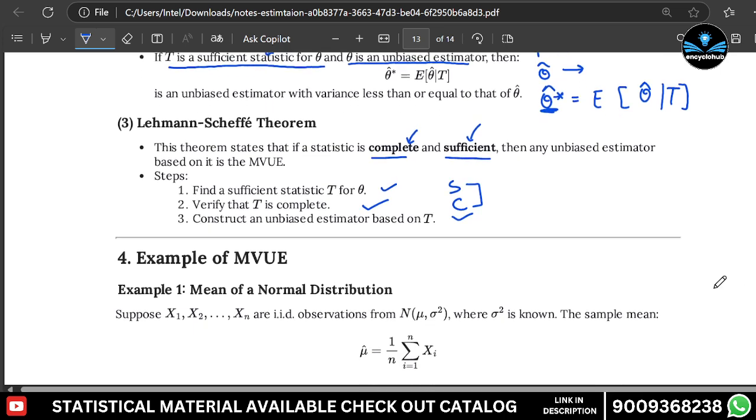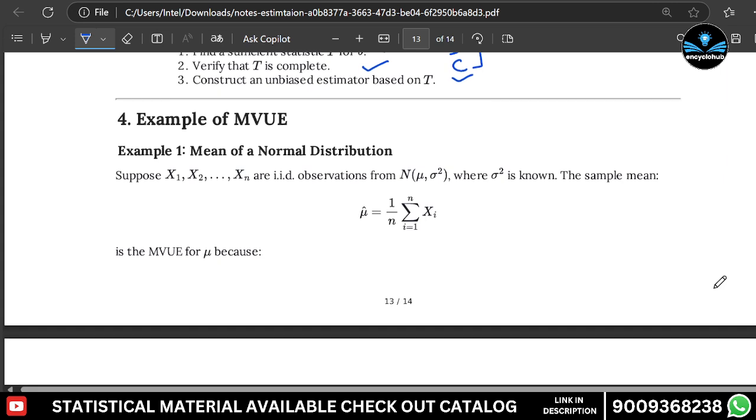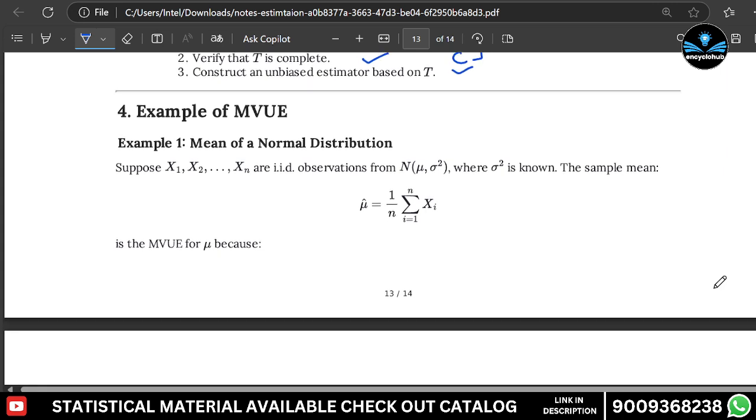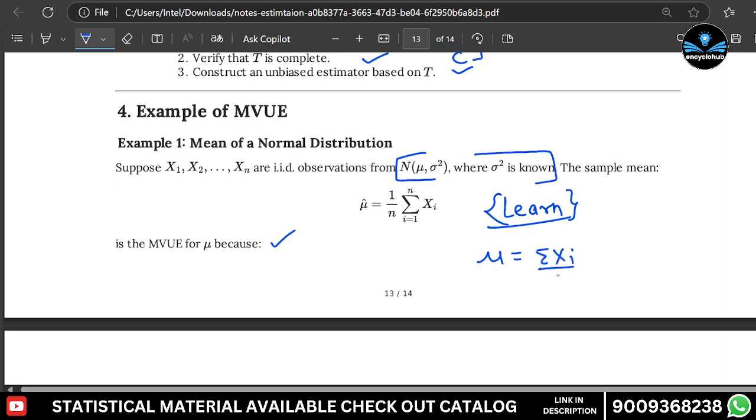Now here are some examples of MVUE. Here is one example from the normal distribution, with parameters mu and sigma square, where sigma square is known. The sample mean is the MVUE for mu. In most cases, we can say the sample mean is the MVUE for the normal distribution.